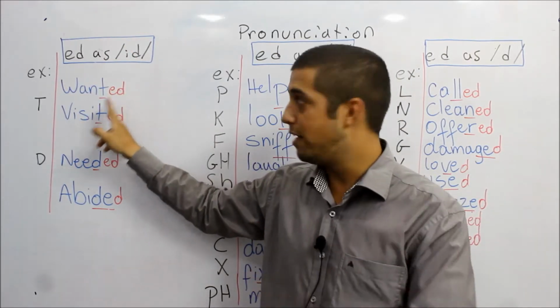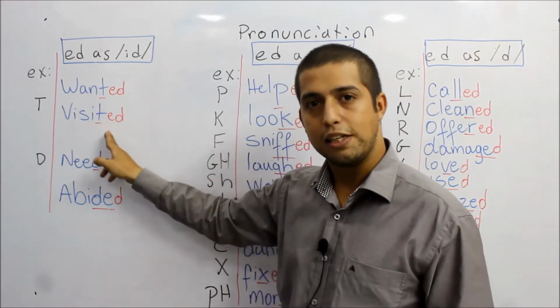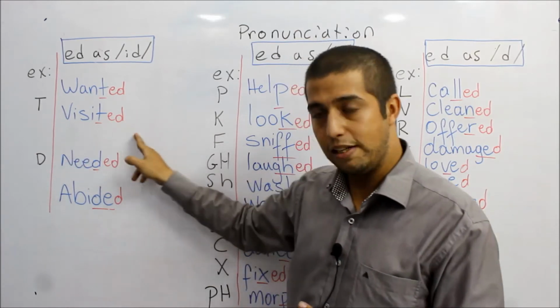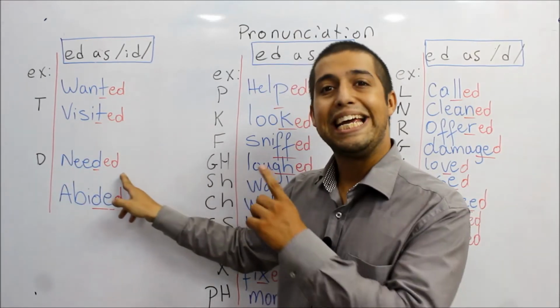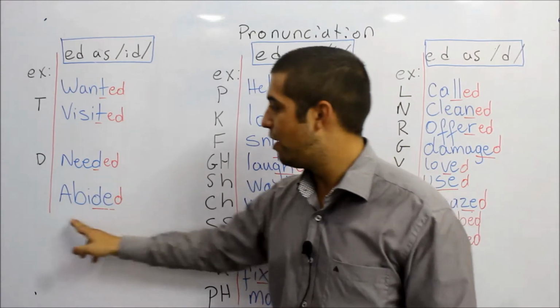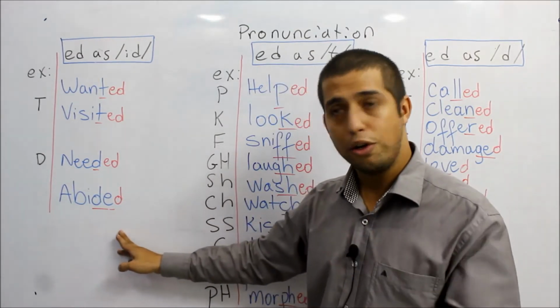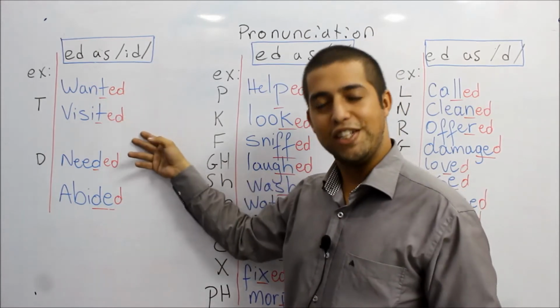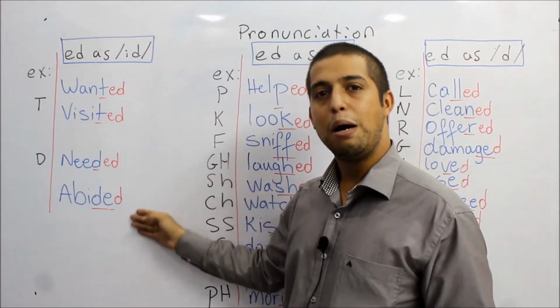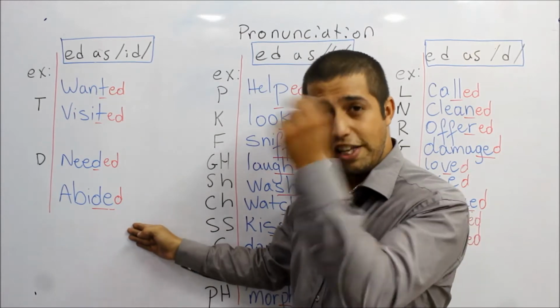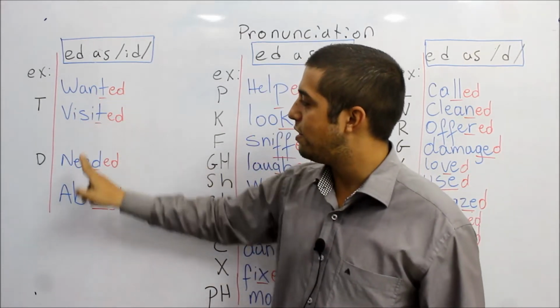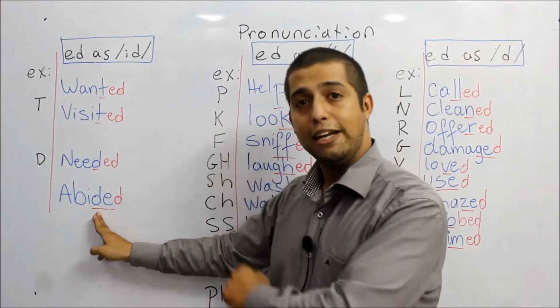Want, id. Wanted. Visit, id. Visited. Need, id. Needed. Abide, id. Abided. So good. Let's try it again. Wanted, visited, needed, abided. If you could think of any more with T's or D's, add id.